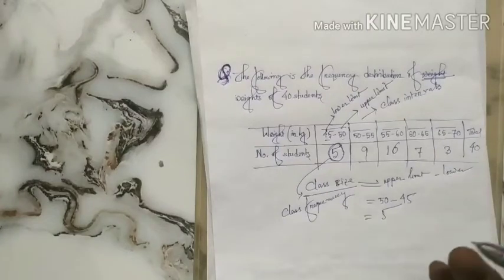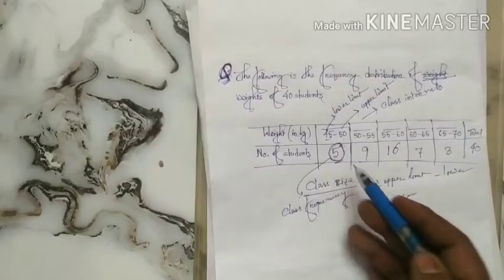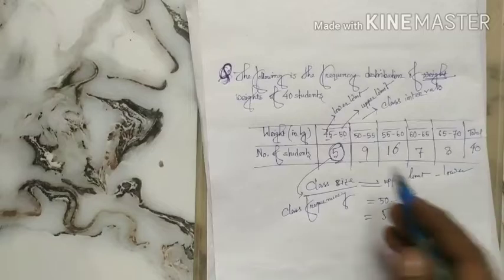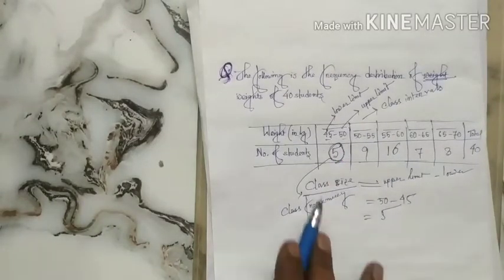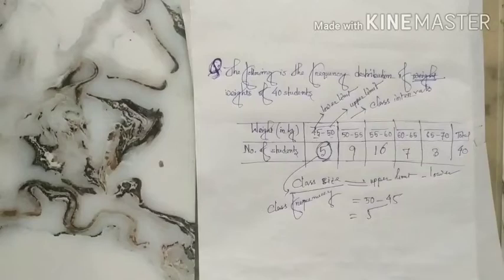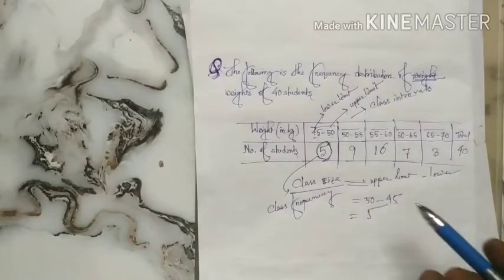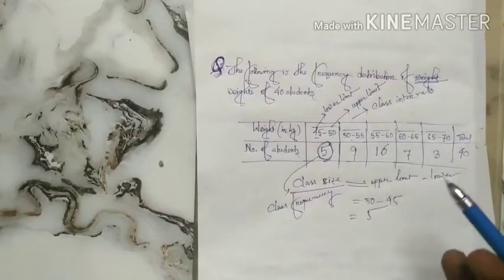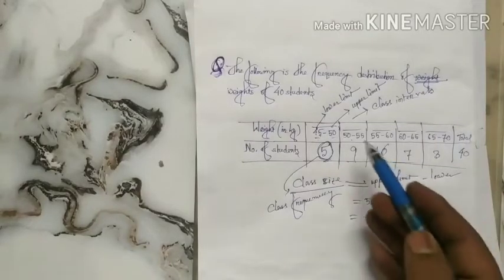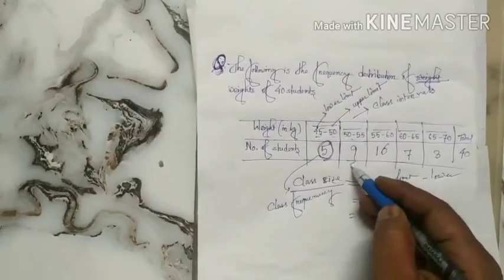Similarly, there are 9 students whose weights belong to 50 to 55. So 9 is the class frequency, because frequency means how many times a value is repeated.